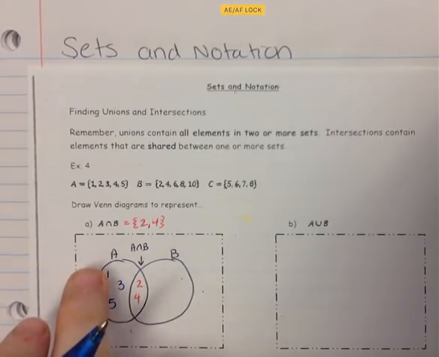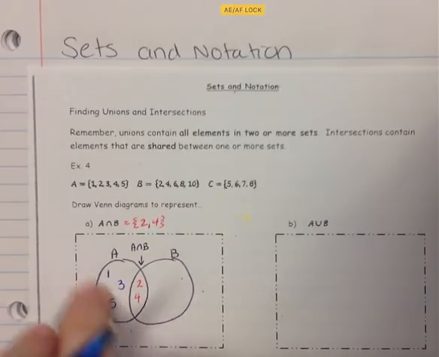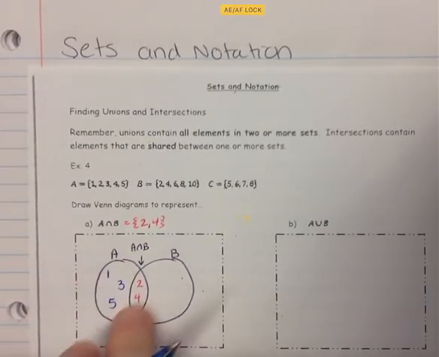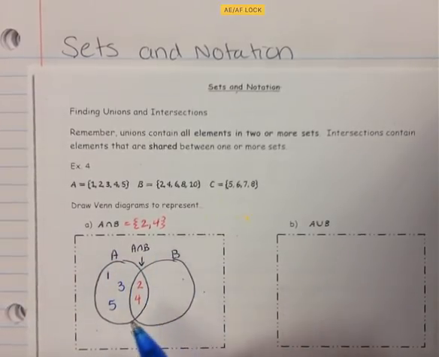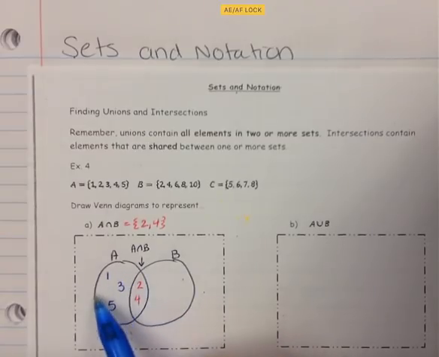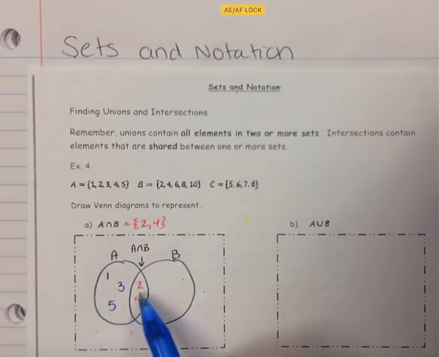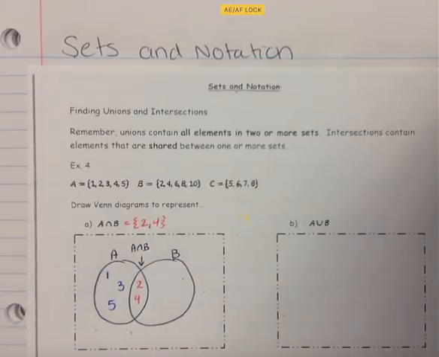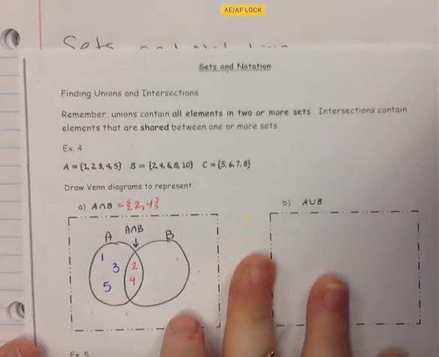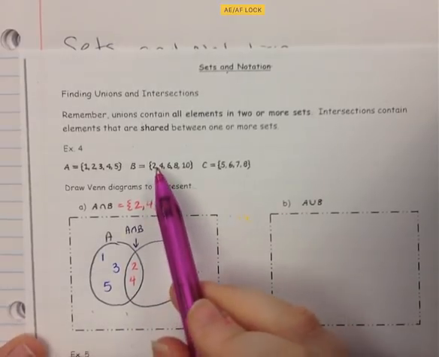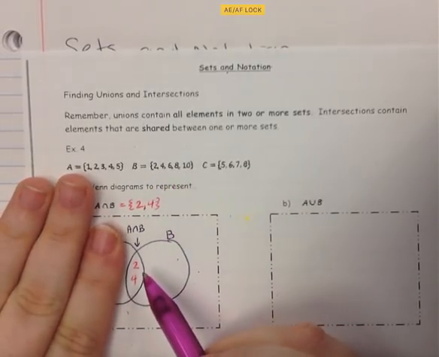But we have 1, 2, 3, 4, and 5 inside of set A. There's a big difference in understanding the wording of this. This is only in A. This is all of A, because that entire circle includes A. Then we also need to say what is only in B. So if we look back at set B, we have to look at this overlap again.